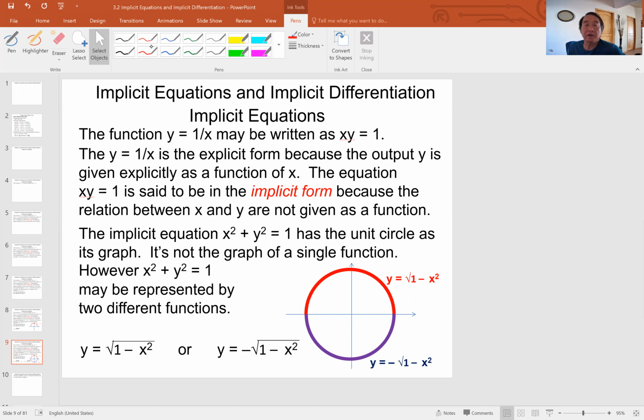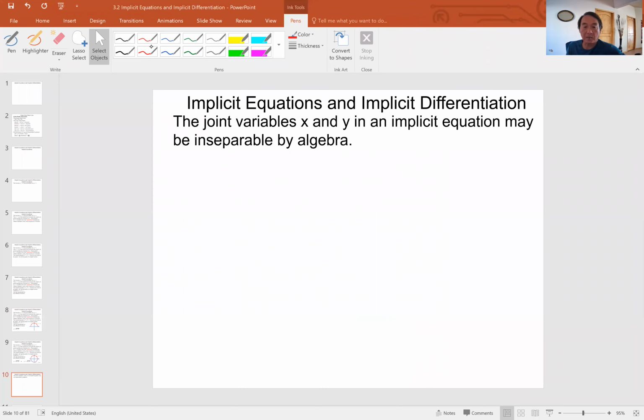This is true in general, that we can take implicit equations and cut them into pieces of functions. Here's another example.